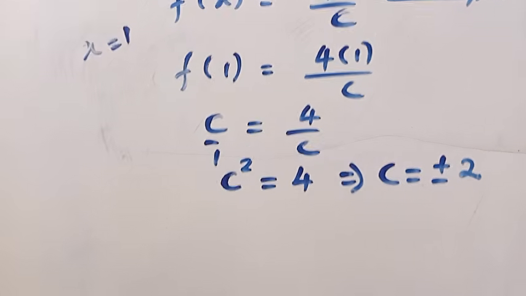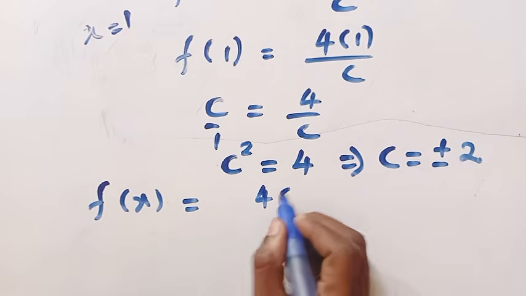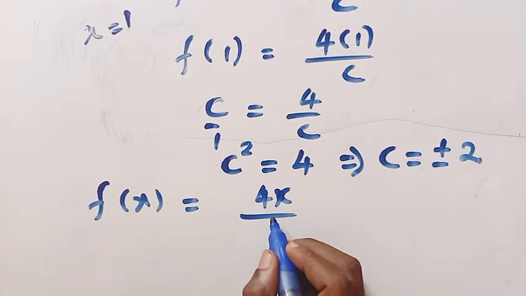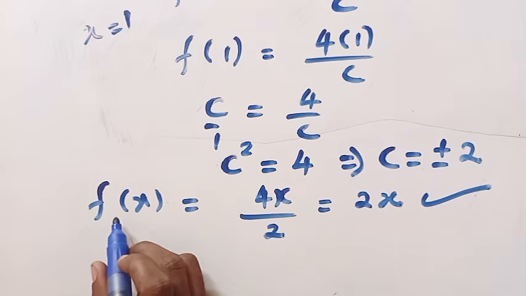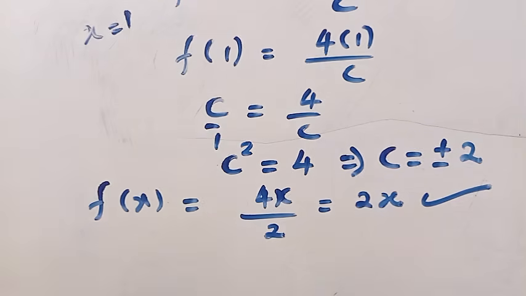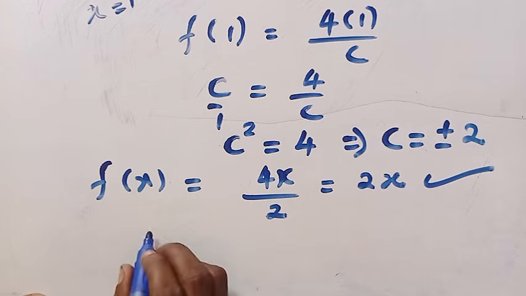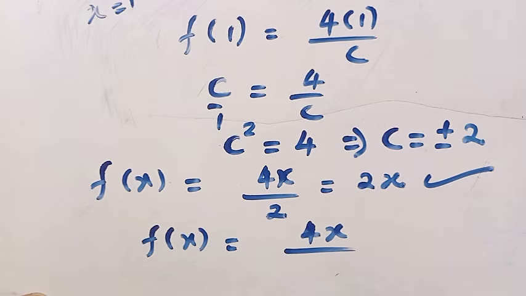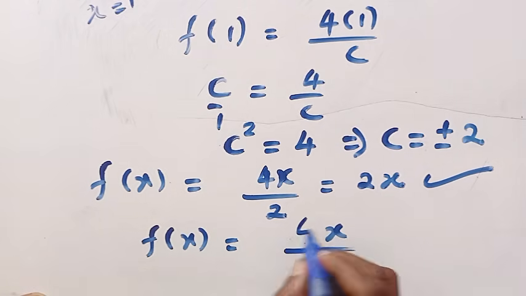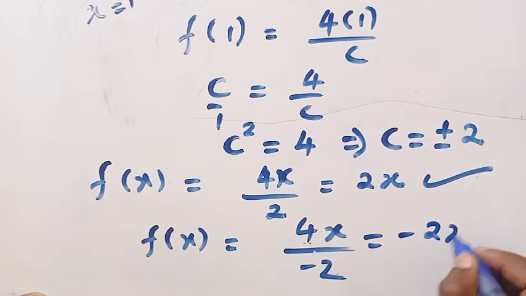So on getting this plus or minus 2, we call back our f(x) equals 4x divided by c. If c equals 2, we are going to have 2x. The first solution to f(x) is given as 2x. And again, if you consider when c equals minus 2, we are going to have f(x) equals 4x divided by minus 2, and this gives us minus 2x.